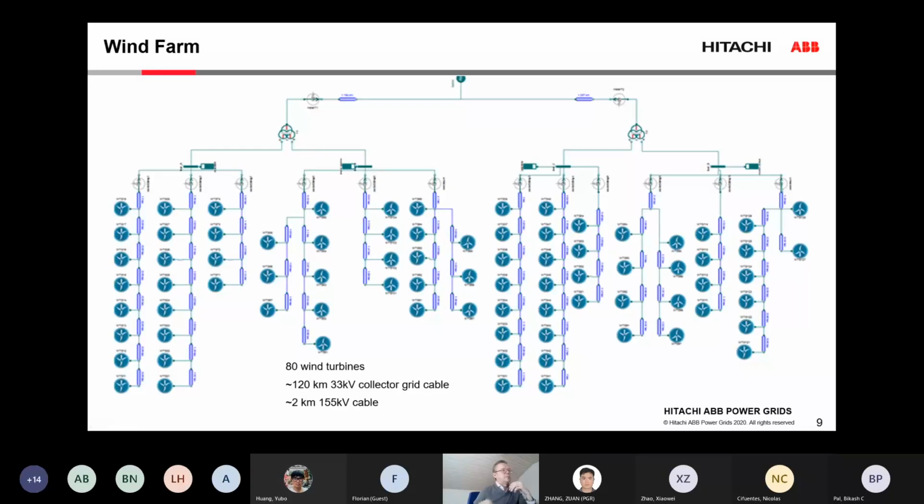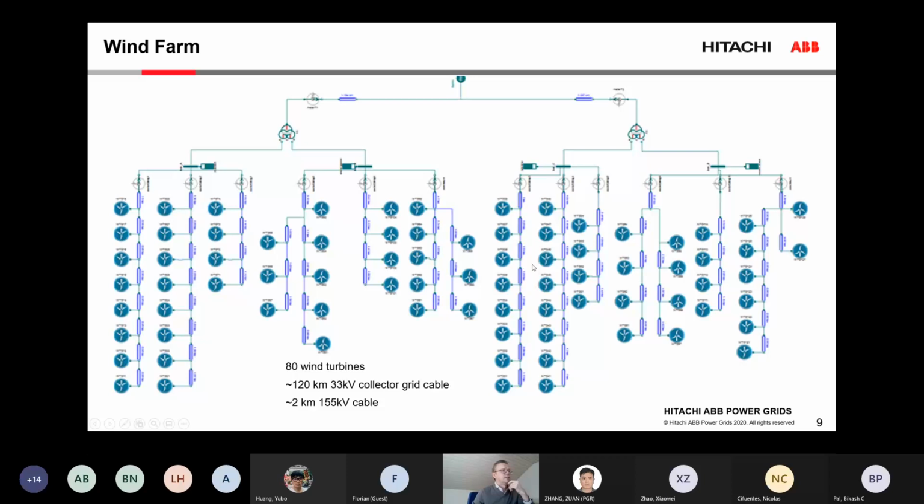So now the next step: we come back to what we can handle with these tools. This is the layout of the BARD wind farm. In that case, we had 80 wind turbines on strings with different lengths and a different number of wind turbines on different strings. In total, there is about 120 kilometers of 33 kilovolt collector grid cable.